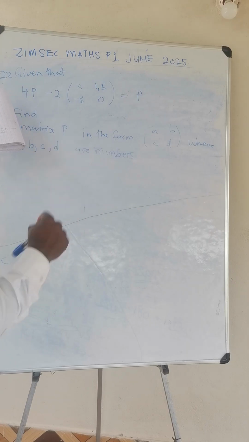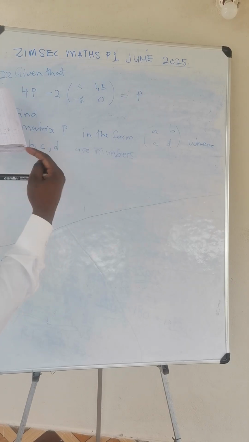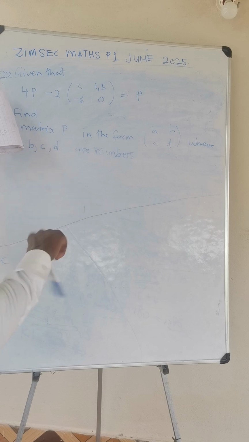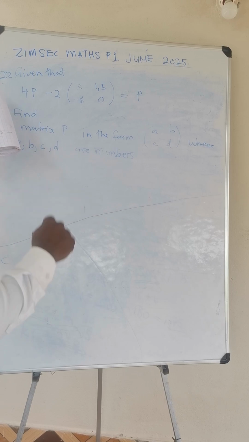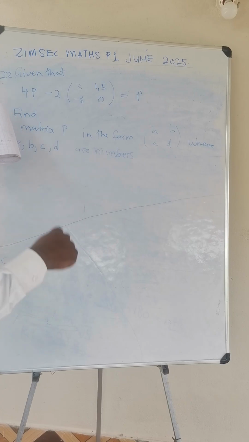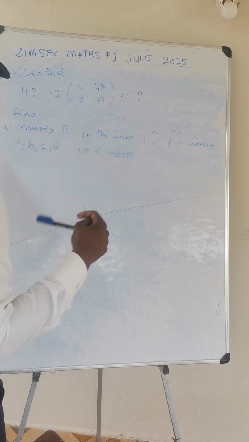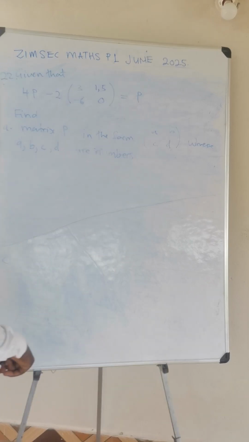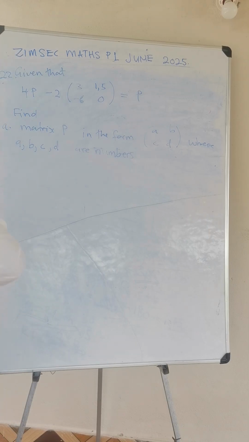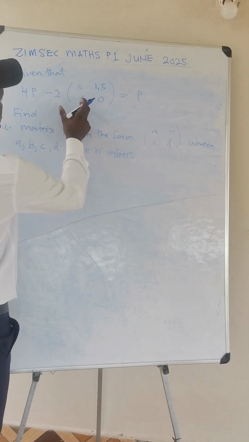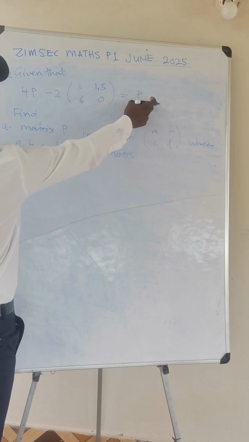The question says, given that 4p minus 2 open bracket 3, 1.5, minus 6, 0 is equal to p, then find this one. So this is simply an equation. Let's do it step by step. Let's take this one to the other side, then take this p to this side.